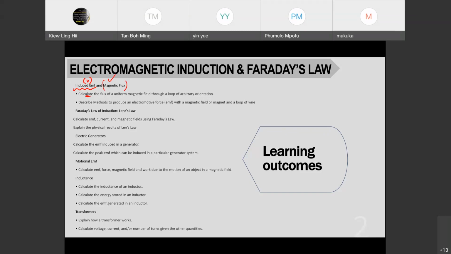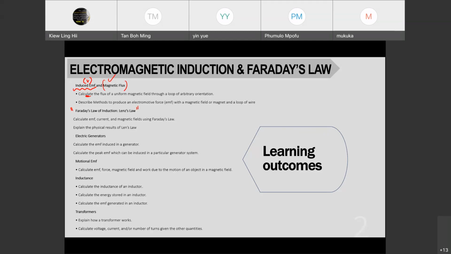The one and only concept in this topic is Faraday's law, together with Lenz's law. Lenz's law is the partner of Faraday's. Even though they were born at different times, both of their theories can combine together and give you the magnitude and direction of your induced EMF.